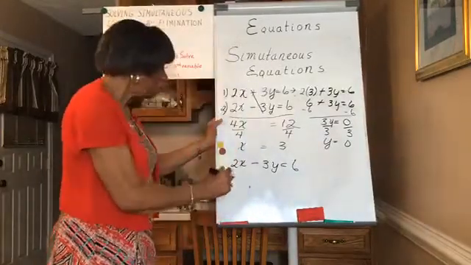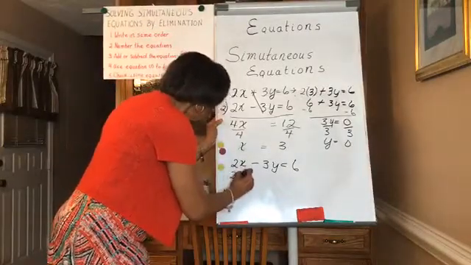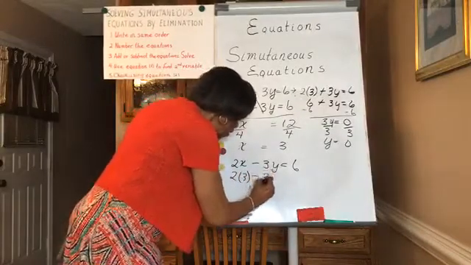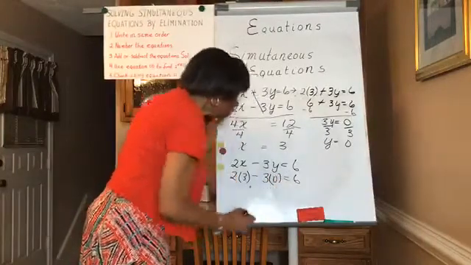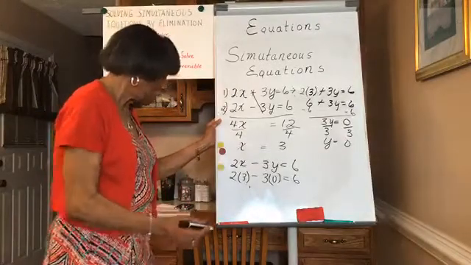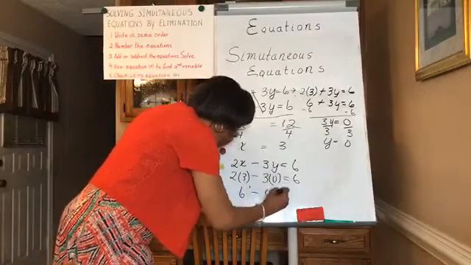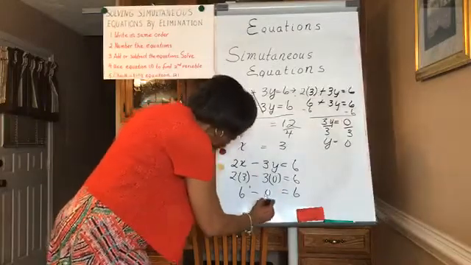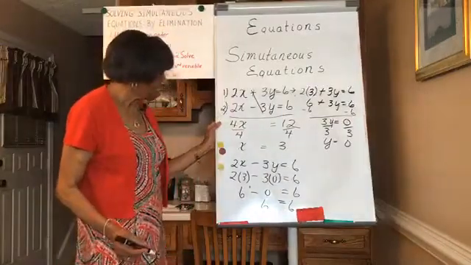And plug in the values for x and y. 2 times x, which is 3, minus 3 times y, which is 0, equals 6. All right. Solving this, we have 6 minus 0 equals 6. And 6 equals 6. All right?